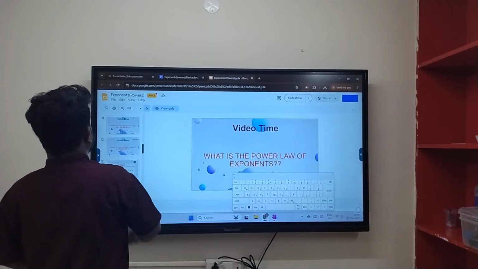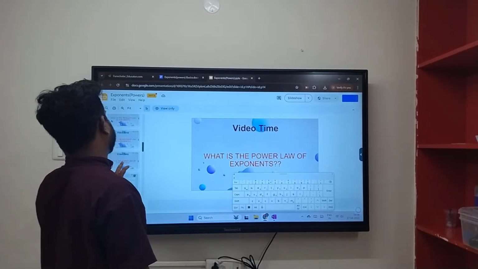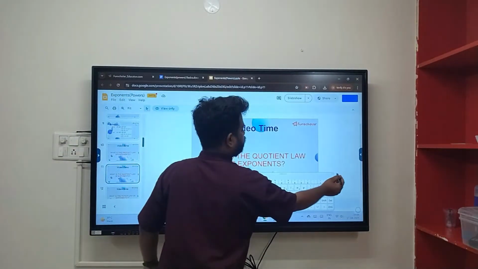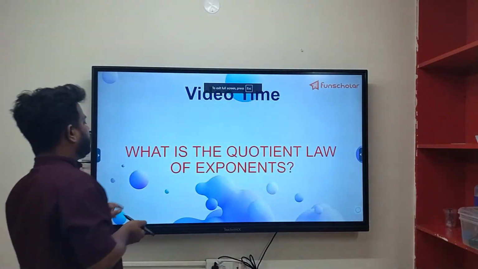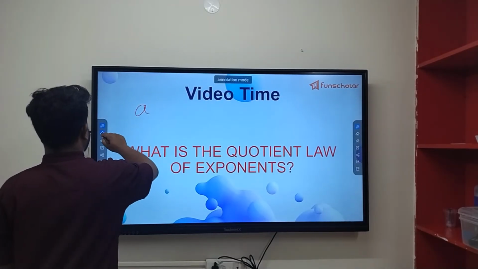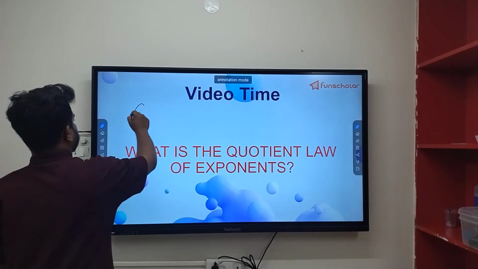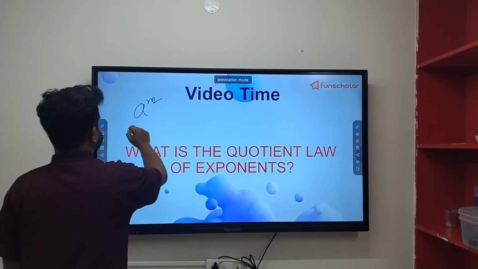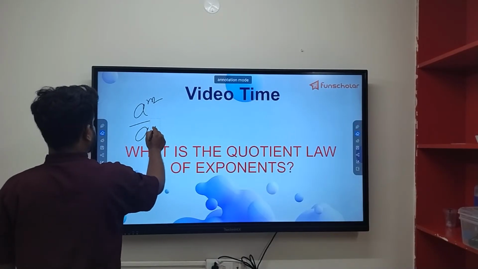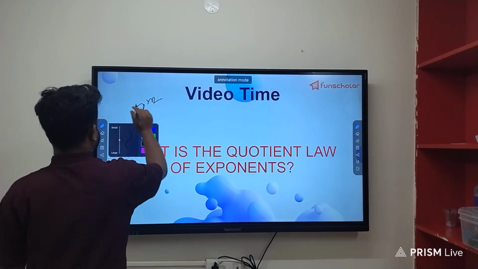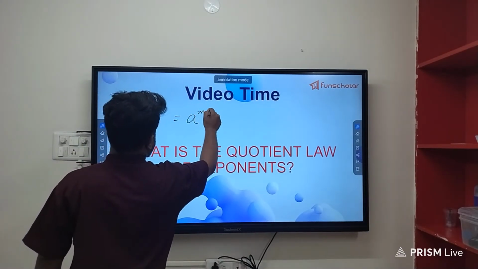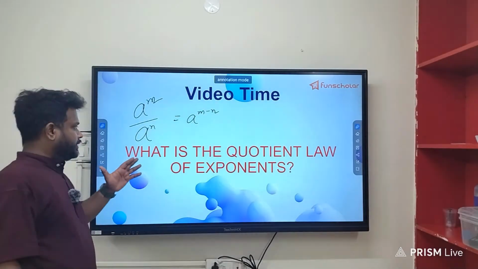We also learned the power law of exponents for division, the product law and the quotient law as well. So what we have learned from the quotient law, if I summarize it: if I write this and divide by this, the answer will be this.